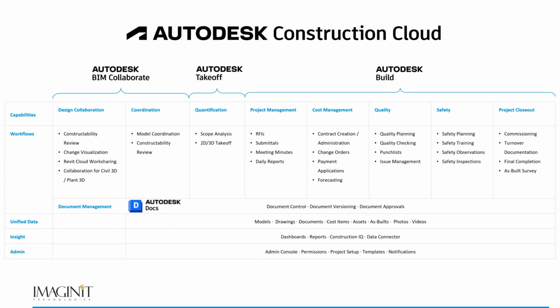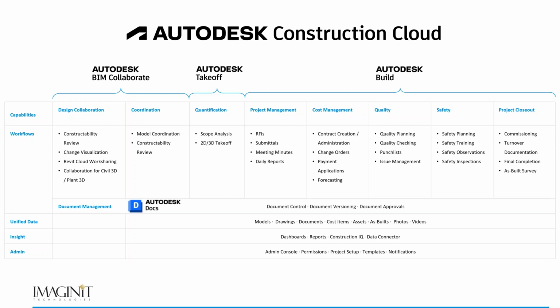So let's take a look at the actual tools and modules of the Autodesk Construction Cloud. Working left to right, we'll focus on the design phase where, if we're working with external parties, say they're working in CAD or Revit or Navisworks, whatever those tools are, maybe the architects, engineers, contractors, you'll be able to collaborate with them and see live updates to documents.